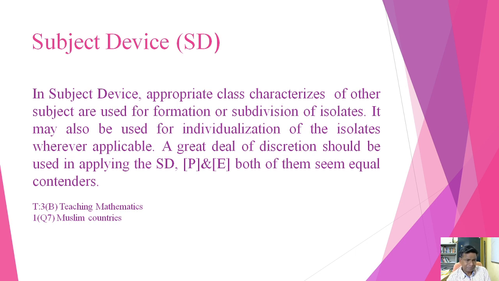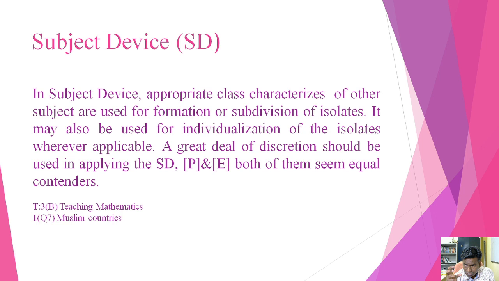T3 denotes teaching, but we are emphasizing a particular teaching method in the particular subject called mathematics. So within brackets we emphasize B so that it makes an individualization of the particular document. The same way, 1 within brackets Q7: 1 stands for world whereas Q7 stands for Muslim.